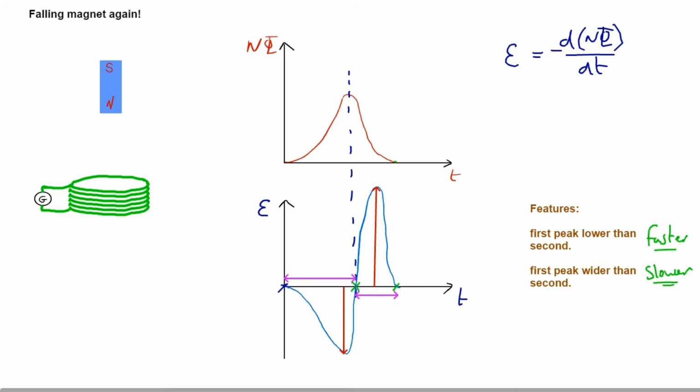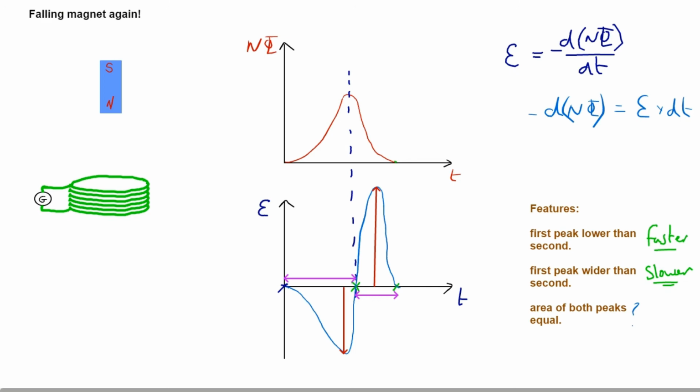There's another reason for that as well, which I'll come on to now, because there's an interesting thing which isn't obvious: the areas of both peaks are equal. Why should that be? If we look at our equation, minus the change in flux is equal to the EMF multiplied by the change in time.